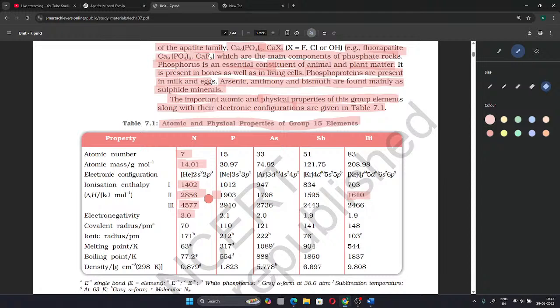And the configurations always end at a half-filled p3 configuration, ending in 6p3 for bismuth. There is no exception here. All elements have a half-filled p configuration, and all the earlier shells or subshells are completely filled.